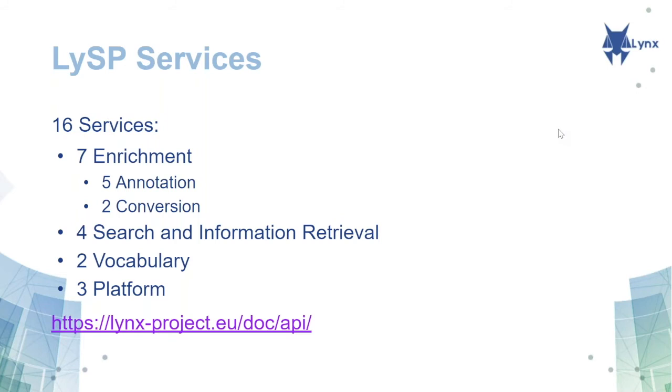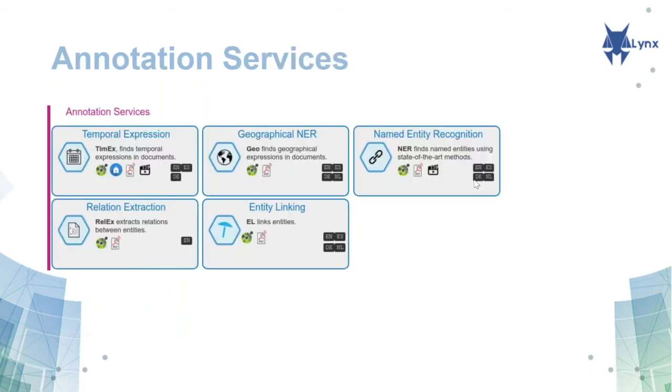These are typically used as end user services because the end user might want to find some document, and as Christian explained in the pilots, it's all about finding and retrieving the necessary information. 2 services provide access to vocabulary data or vocabulary related activities. And 3 services are platform services, and I will give more information about each category in the next slides.